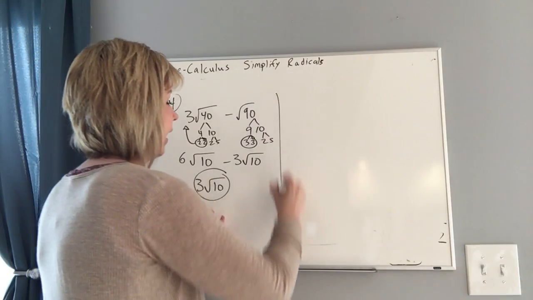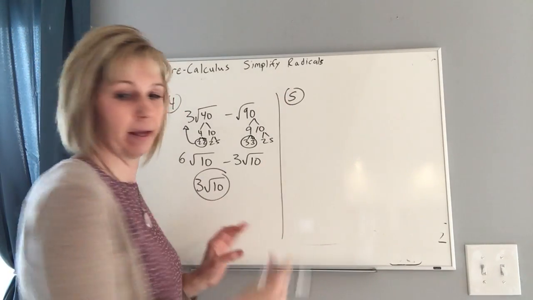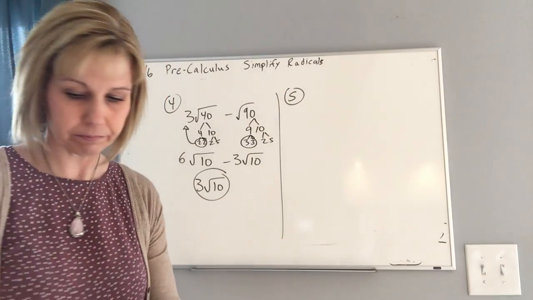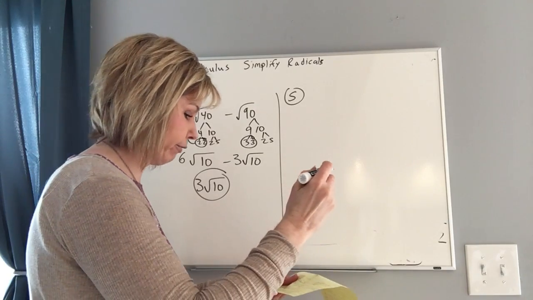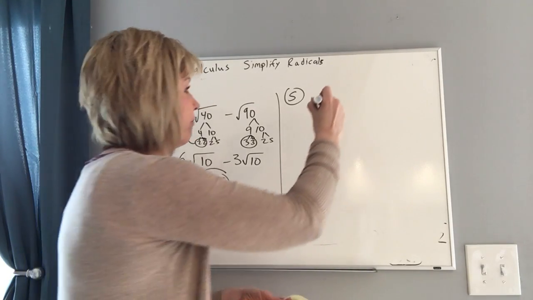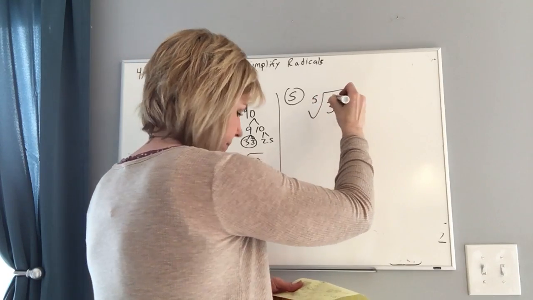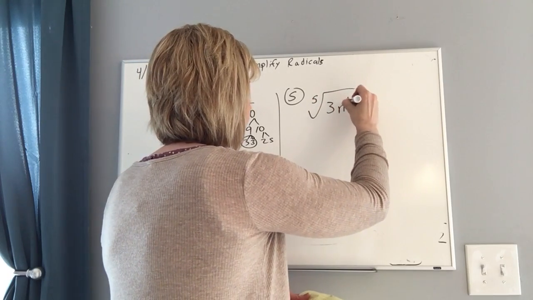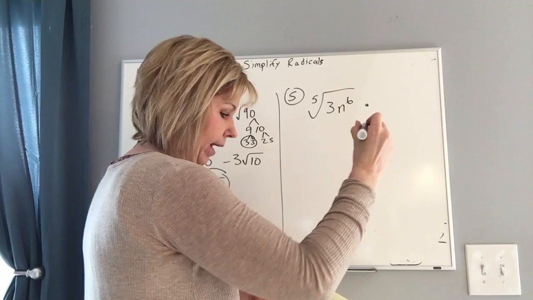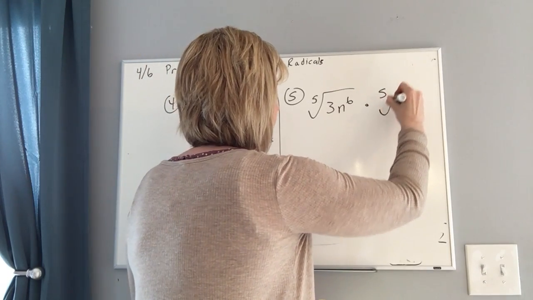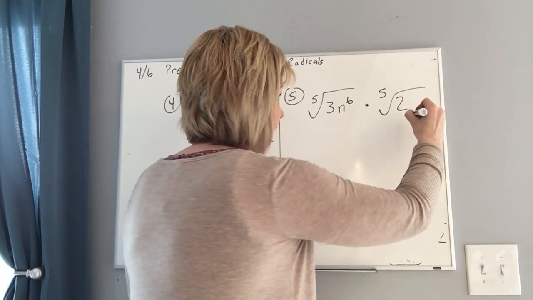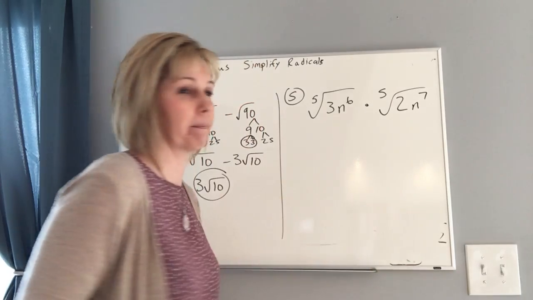All right, let's try number 5. I have a multiplication one. So for 5, I have the 5th root of 3n to the 6th times the 5th root of 2n to the 7th.